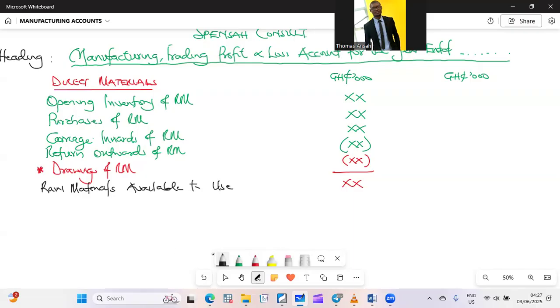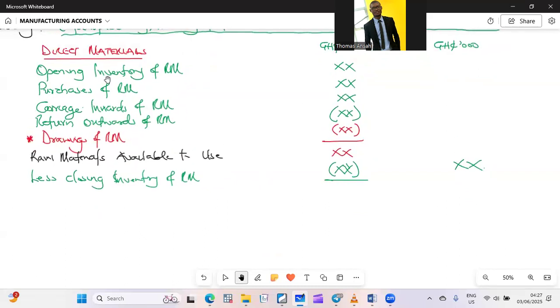All right. And what do you do? You less closing stock, right? Which closing stock is that? Closing inventory of raw materials. So you less that one. Once we less this one, we get our direct materials. So we have that. All right. So that is that.